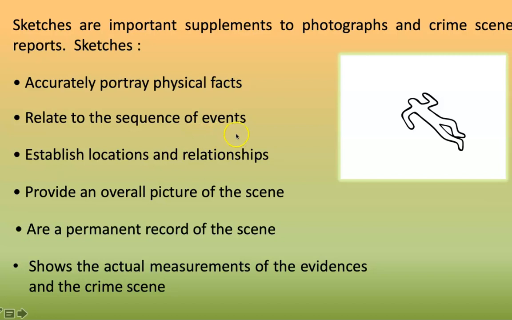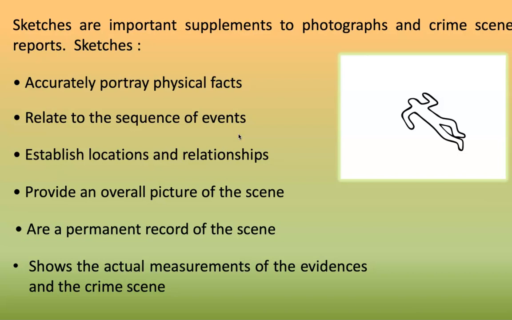It relates to the sequence of the evidence. Let's say you have several evidences and you have sketched the complete crime scene. You can see where the footwear marks are, whether they are on the outer side or the inner side, whether they are going from inside out or outside in. So you can know about the sequence of the event.